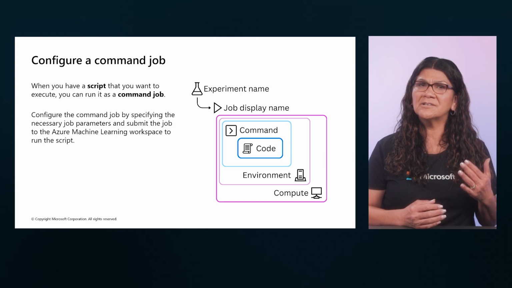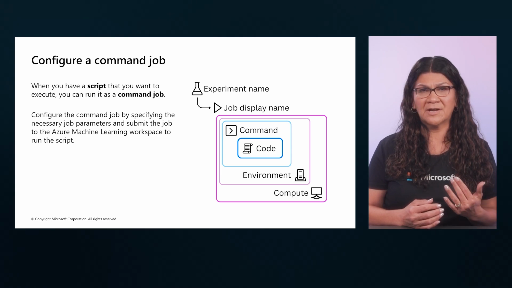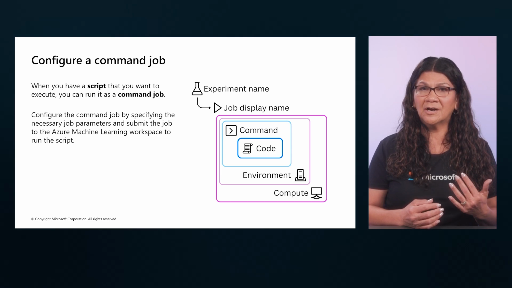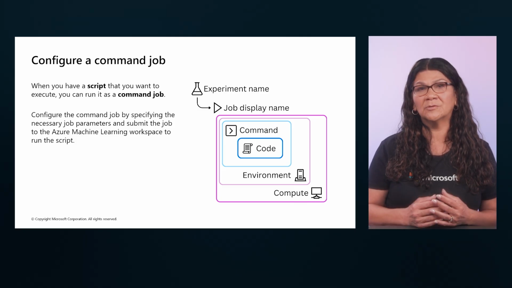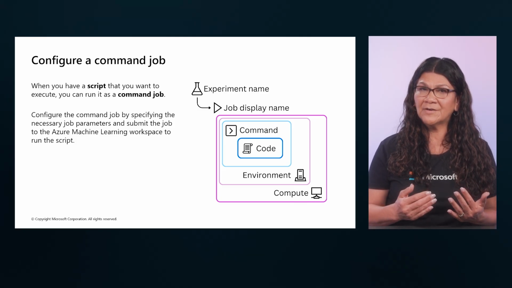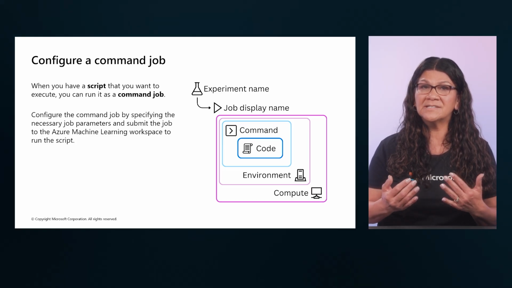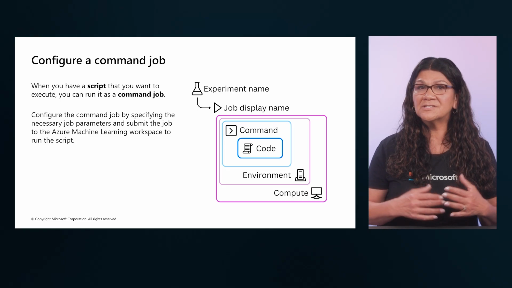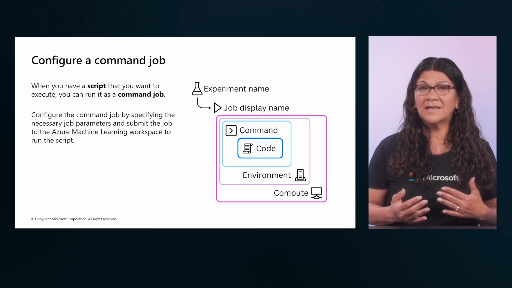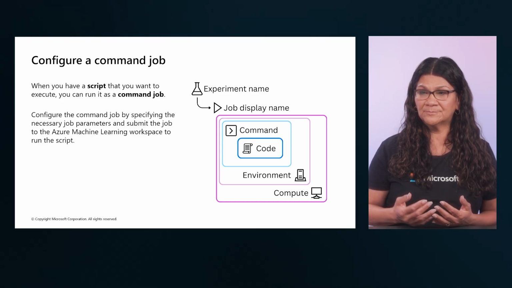A best practice here is to keep your command parameterized, with input arguments and output to a known folder, then pin it to your environment, and use a consistent experiment name plus a descriptive display name so runs stay organized and able to be audited.